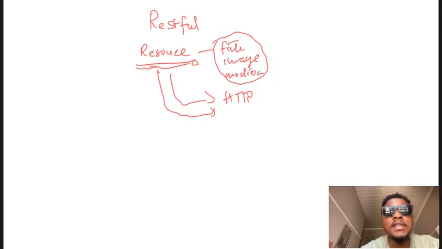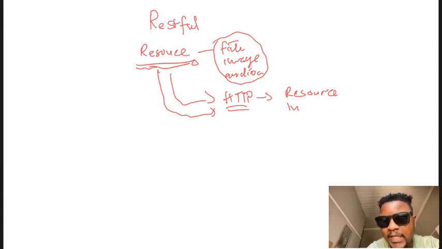So think of it as a state. So you are transferring a resource with your intentions over HTTP. So HTTP is a transfer protocol that transfers your resource, and then it transfers your intended actions on that resource.